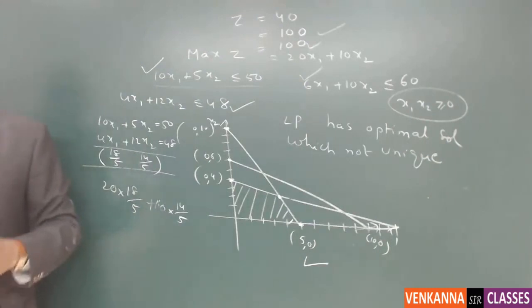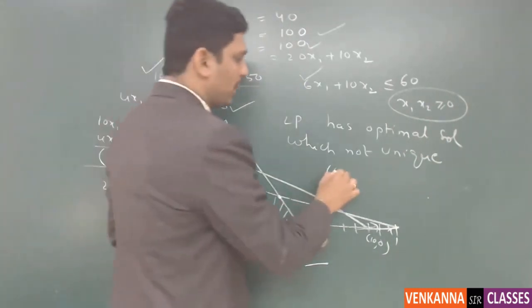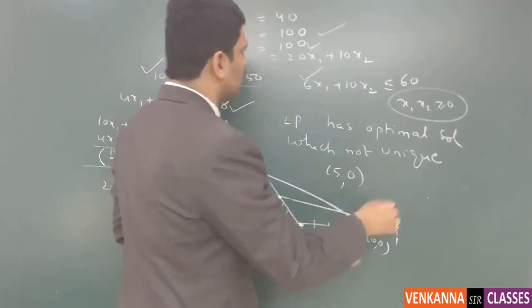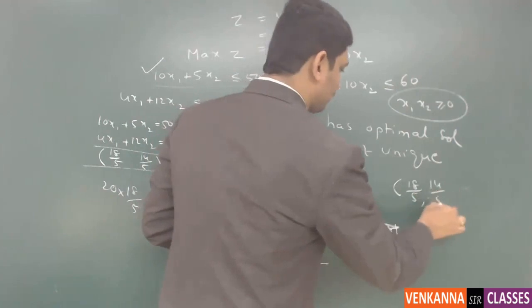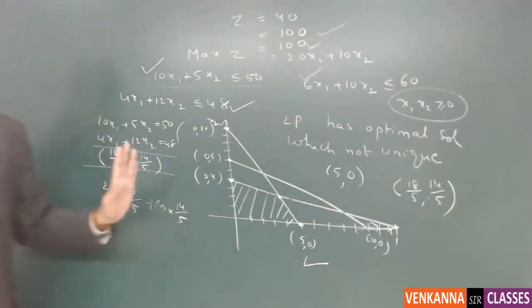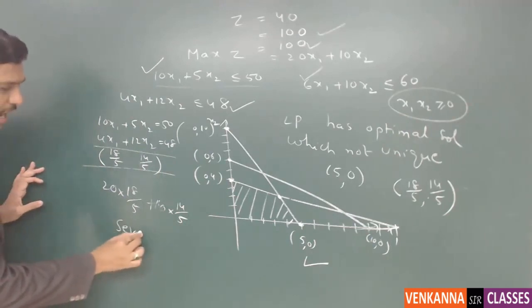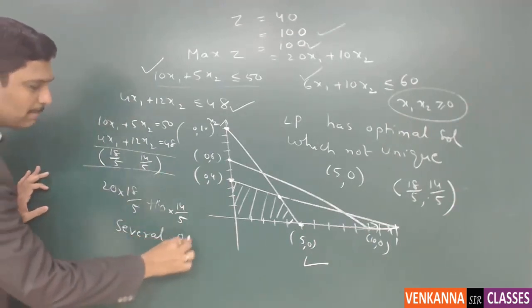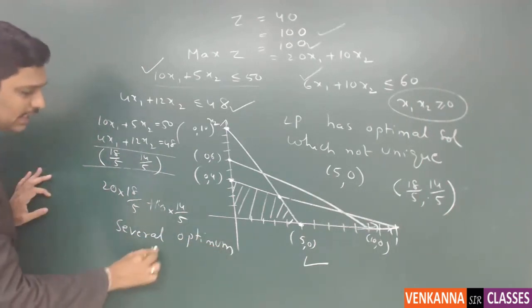It is given by 2 different solution sets. The solution points: one is 5, 0, another one is 18 by 5, 14 by 5. Such LP problems are called several optimum, multiple optimum, or alternate optimum.